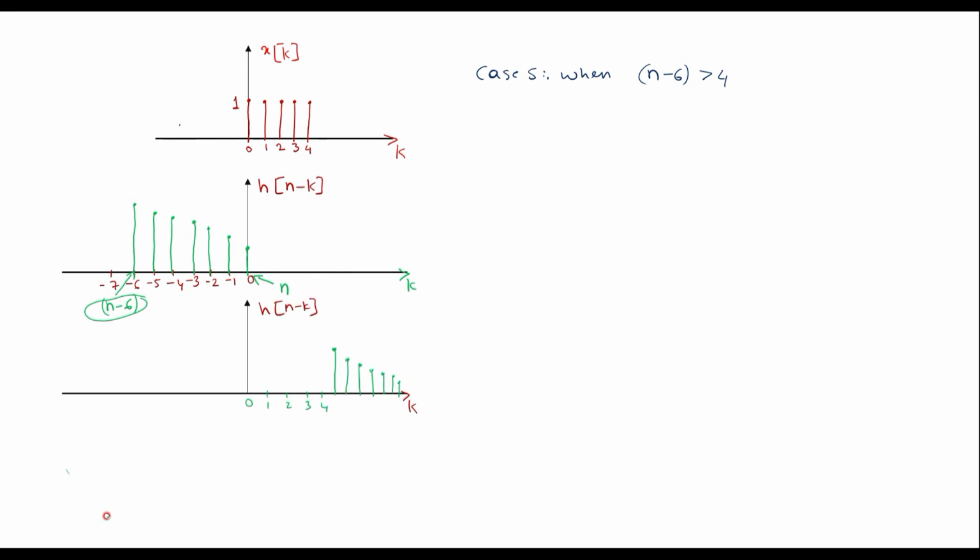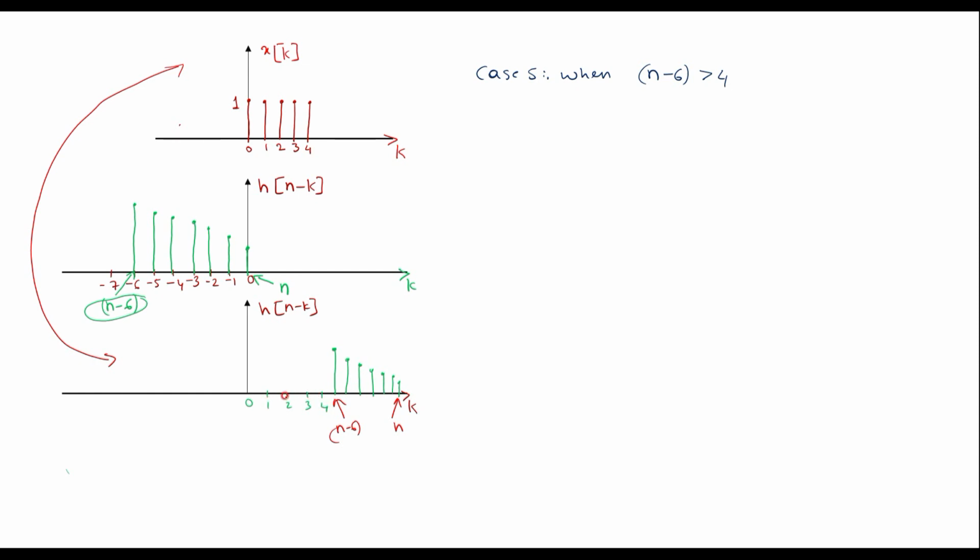Now I will represent here the remaining samples like this. So now here we can observe that this will be n minus 6 and this will be the head end of h of n minus k, that is n. So now if you perform the convolution between x of k and this h of n minus k, x of k exists only for k equal to 0 to 4, but here in h of n minus k, for k equal to 0 to 4, its value is 0.